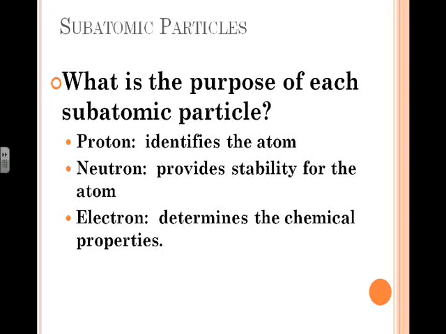Those are properties of Angela Swilly. So how many electrons an atom has determines the chemical properties, like how flammable it is, how reactive it is, and those types of things.